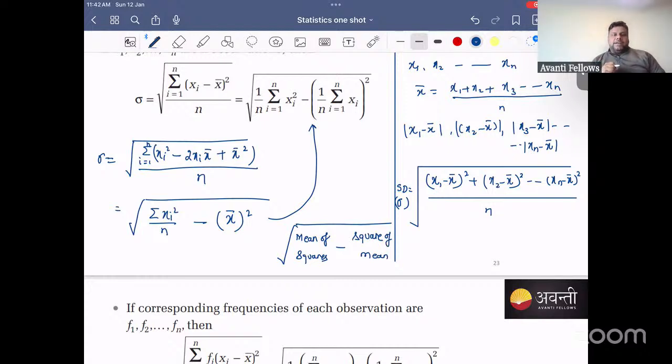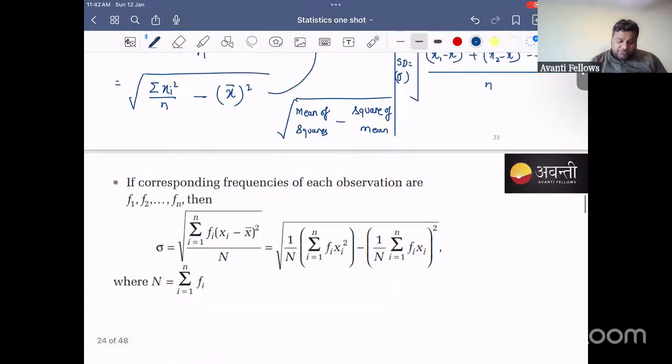Mean of squares minus square of mean. So it is easy to remember and you will definitely never forget it. Mean of squares minus square of mean.